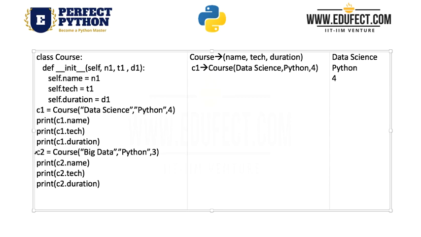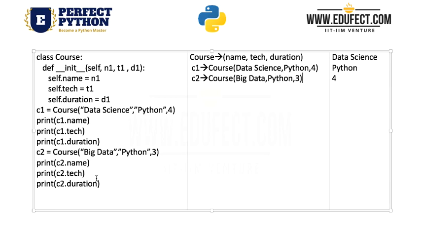Let's look here. What are we doing? We are saying C2 is equal to course big data Python 3. So we are creating another object C2 which is of type course, and what values will it get after the initialization? So name will get big data. What will tech get? T1. So T1 in this case is the second attribute, which is Python, and 3.